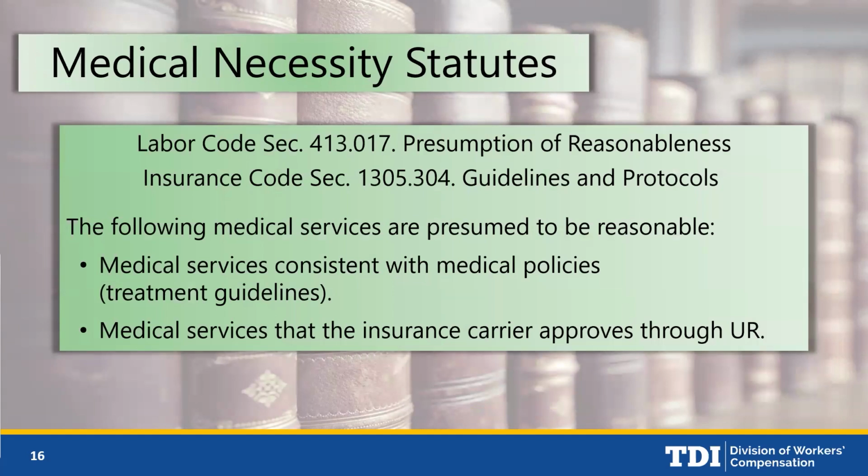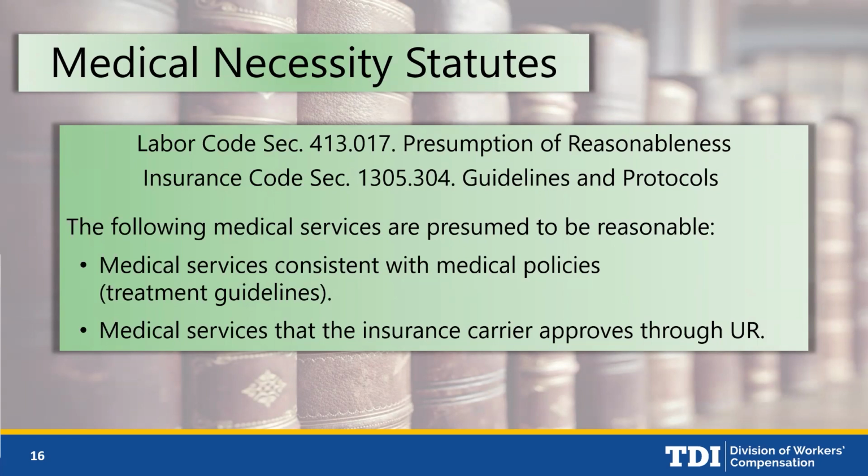Also, in the labor code and the insurance code, remember we have non-network injuries and we have certified workers' compensation healthcare network injuries. So we're using both the labor code and the insurance code in this instance, where we talk about the presumption of reasonableness and then guidelines and protocols from the network side of the insurance code. So medical services are presumed to be reasonable if they're consistent with the treatment guideline.